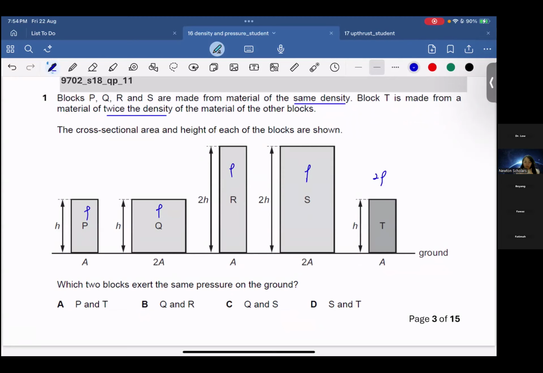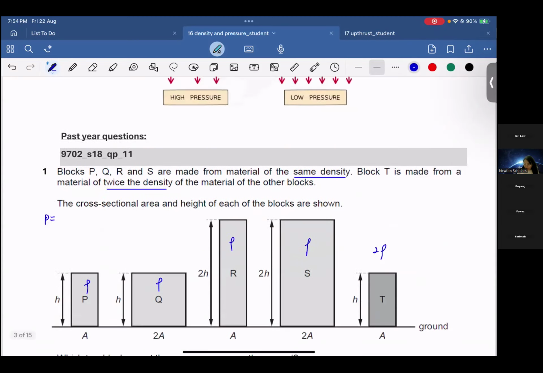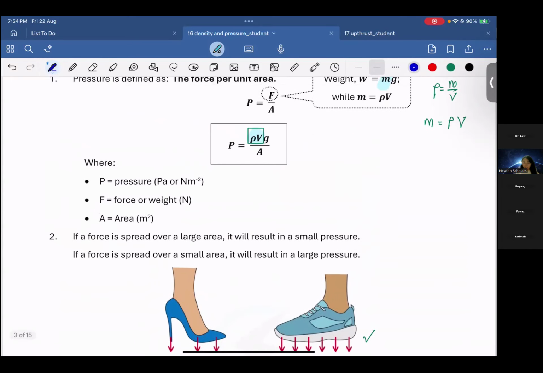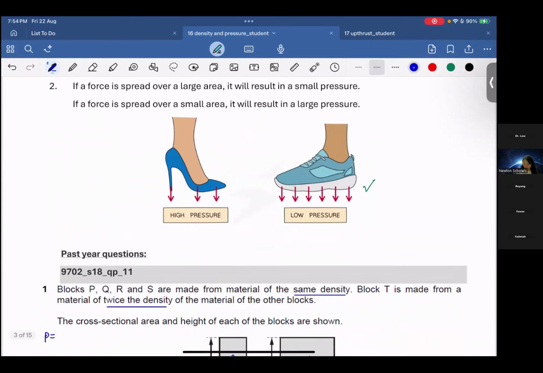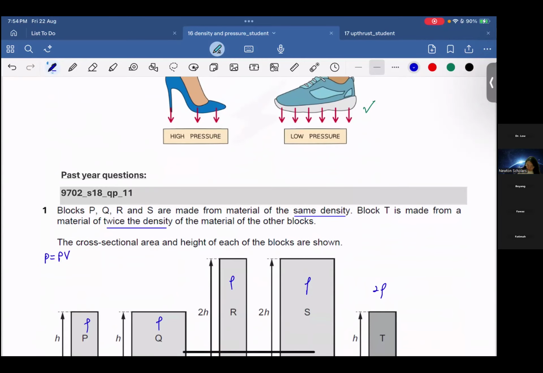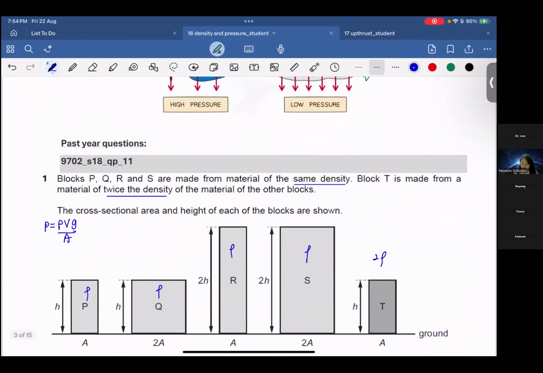I will guide you through the first block. The pressure is force divided by area. And as we said today, in our A level, we use ρVg over A. So we involve the density formula.